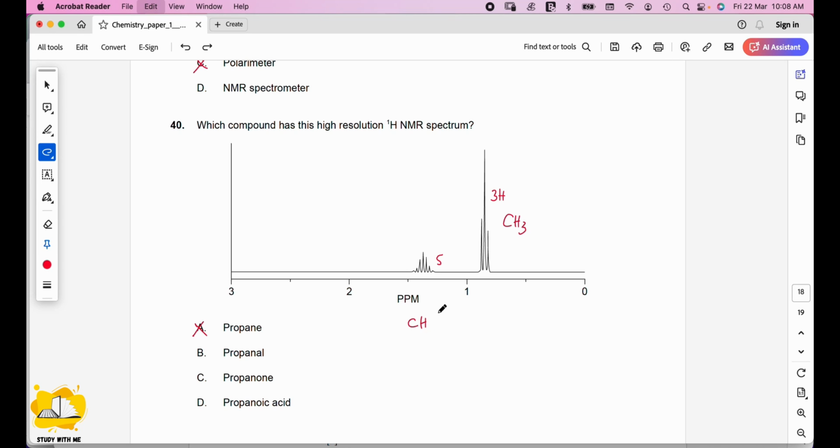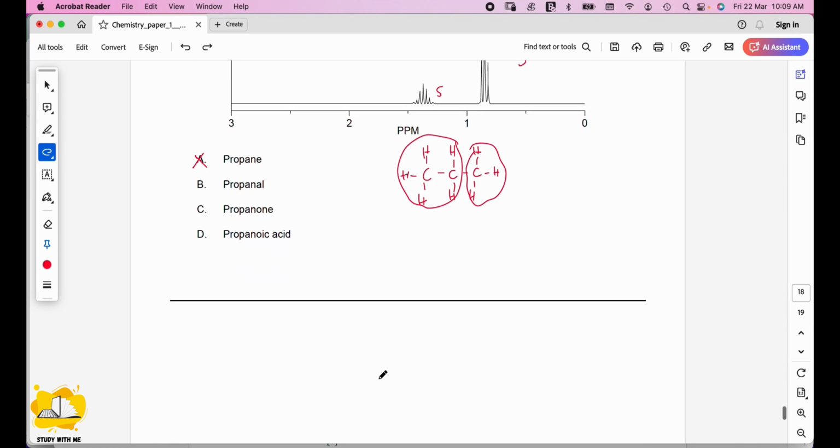Okay, I will make it like this. So C3, and then the other one is 5, so 5H. All right, so propanol is with COH. So let me make the structure so you guys can see it clearly.